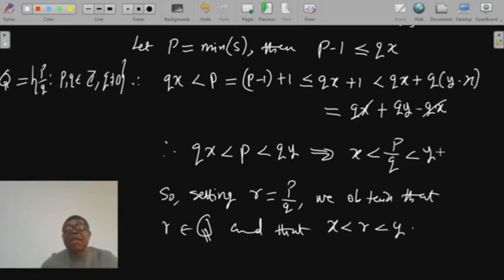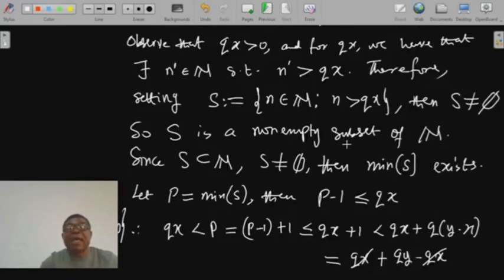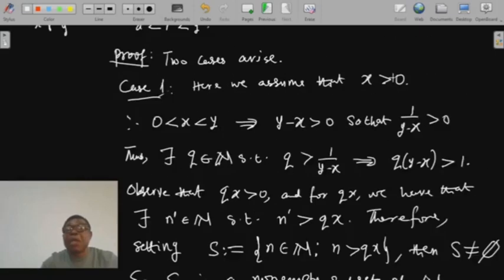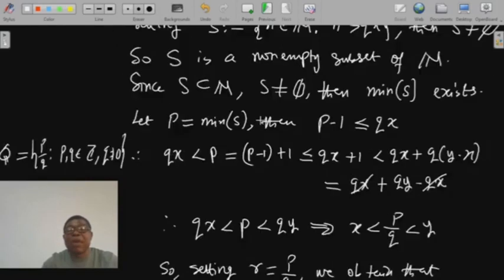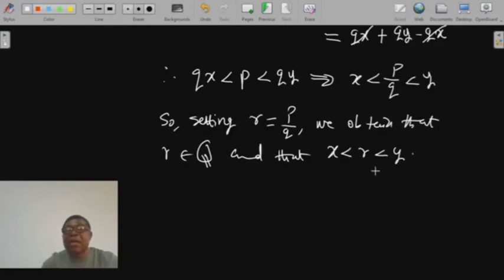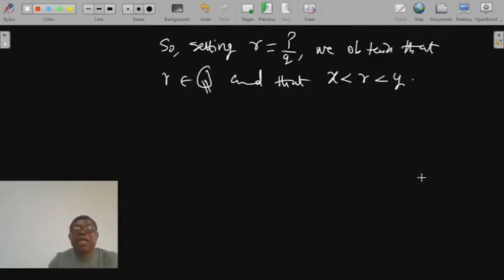So what we've achieved is that if x is bigger than 0, and we know that y is bigger than x, then we've achieved getting that there's a rational number between x and y. The next case is what we shall call case 2.